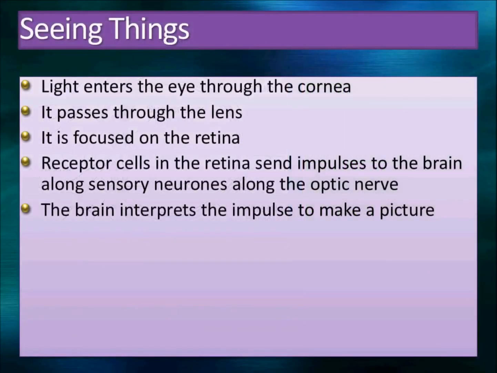Now, seeing things. How do we see things? First, light enters the eye through the cornea, and then it passes through the lens, and then it is focused on the retina, which is present at the posterior side of the eyeball. The receptor cells in the retina send impulses to the brain along sensory neurons, along the optic nerve.